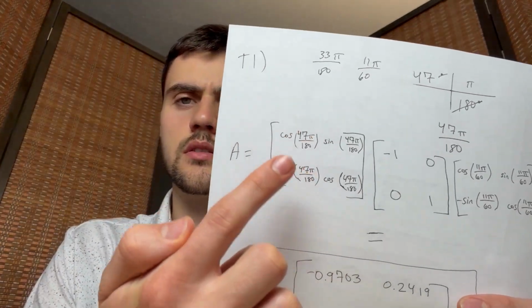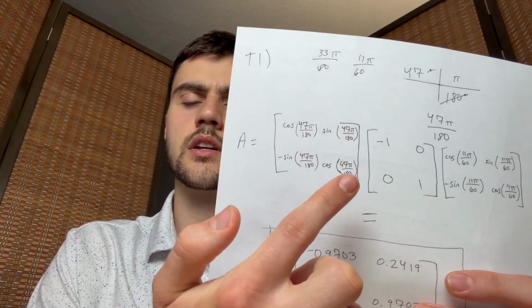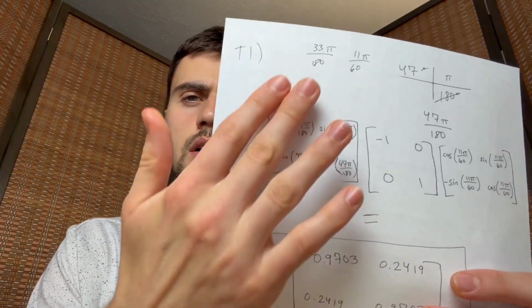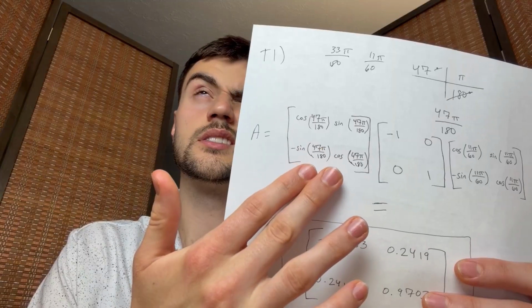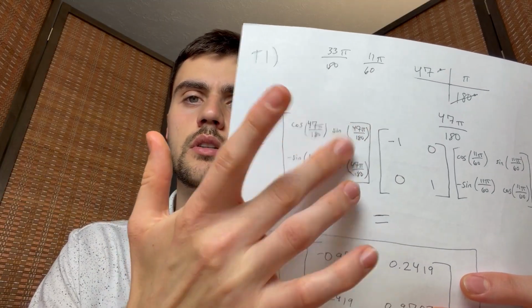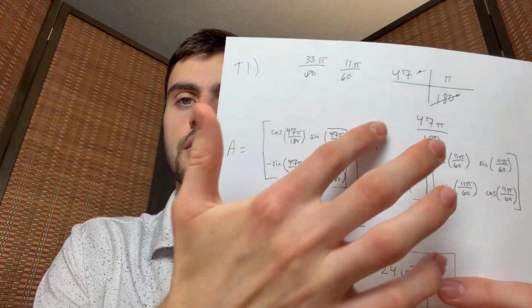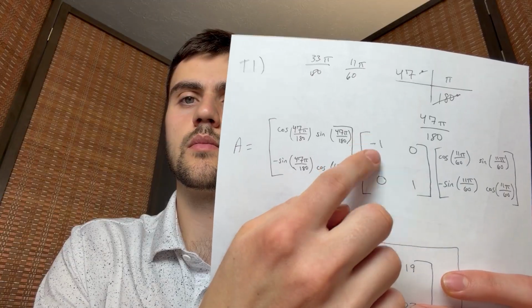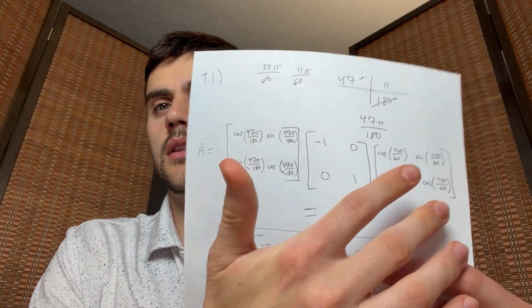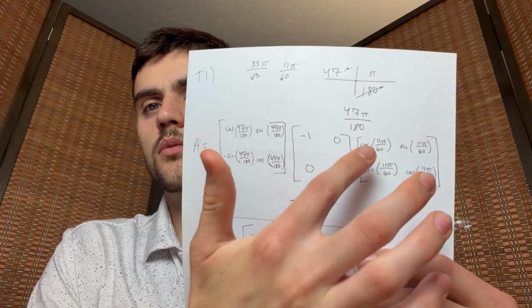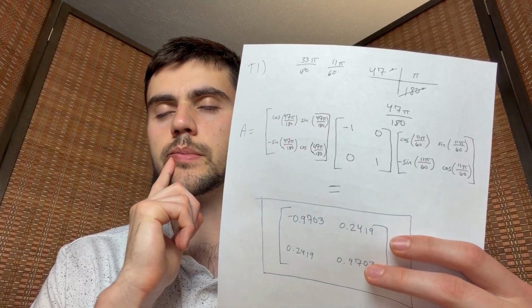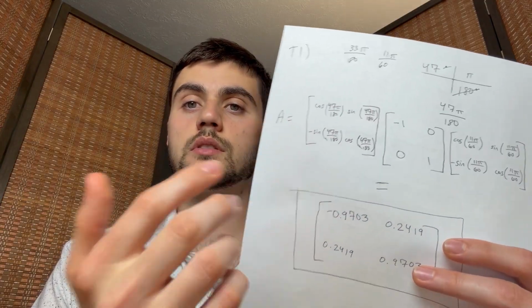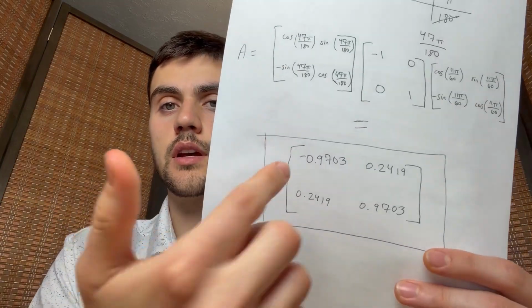So here's the cosine, sine, negative sine, cosine that we just did on Anki. Then I used MATLAB to multiply these three together and get this value.